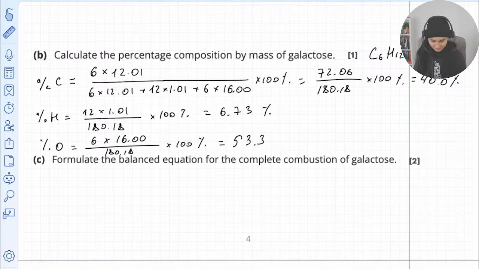It's almost 100, right? 6.73 plus 53.3 plus 40. Yeah, so I have to put this as maybe 6.7, and then it will add up. Then that's 100. But you could leave it like that. It's fine. You could either leave it as 6.73, or you could just take more significant figures in these percentages.